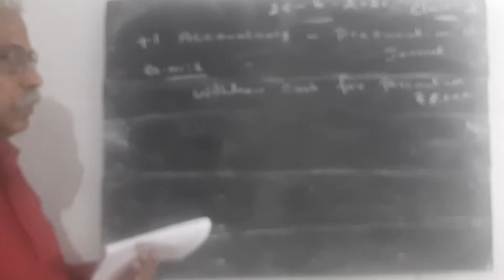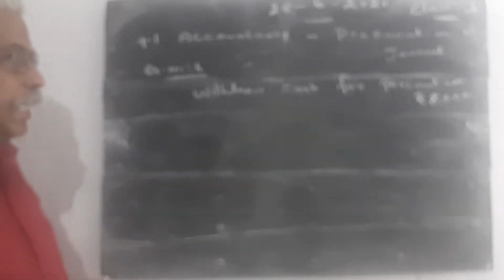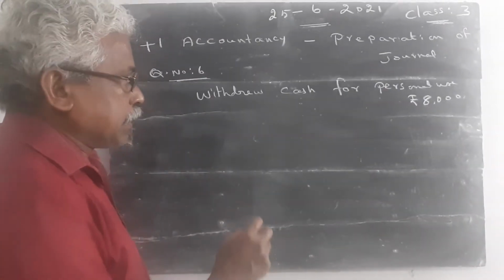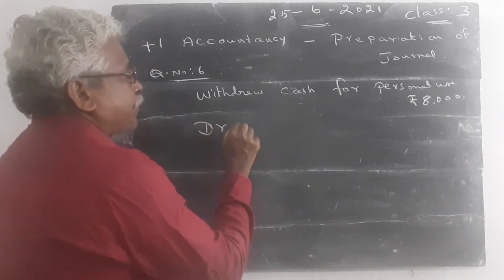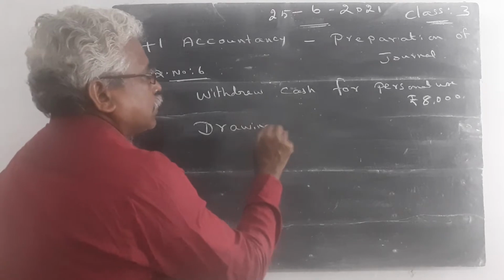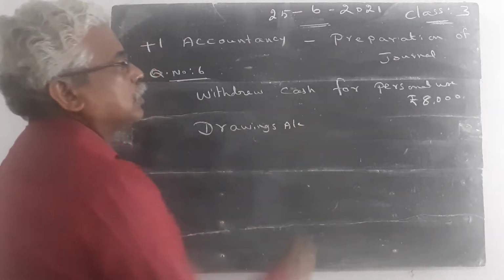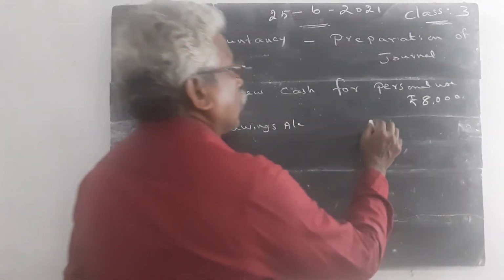If the proprietor contributed cash into the business, it is considered as capital. Likewise, if he withdrew any money for his personal expenses, we have to use the word drawings account and cash account.